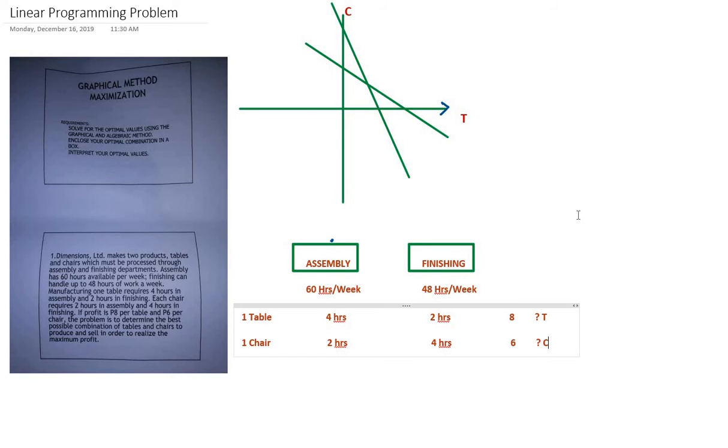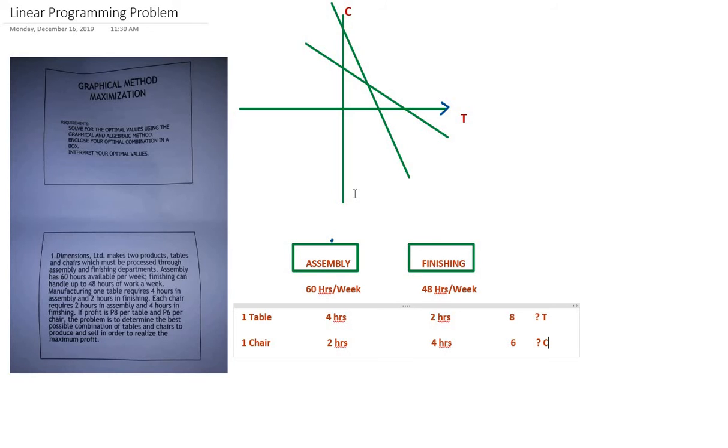So how can we solve it? Let's say we should produce T tables and C chairs to get the maximum profit. So what is the relationship between T and C? First of all, in assembly, the total time spent can be a maximum of 60 hours.